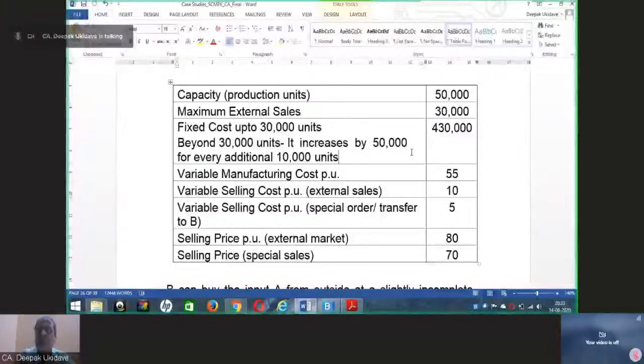And therefore your fixed cost up to 30,000 is 4,30,000. Up to 30,000 it is 4,30,000. For additional 10,000, 50,000, and for another additional 10,000, 50,000. So your fixed cost now will become 5,30,000.